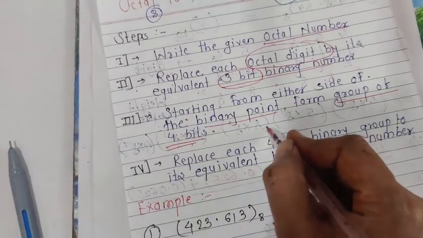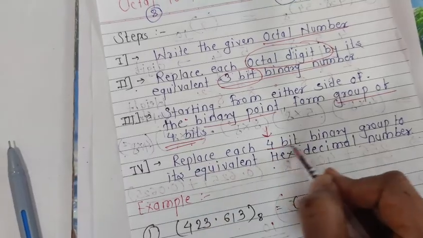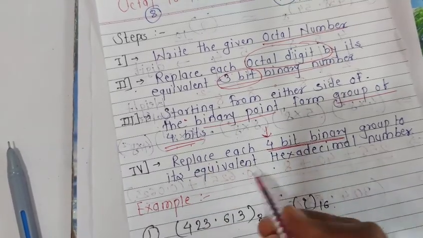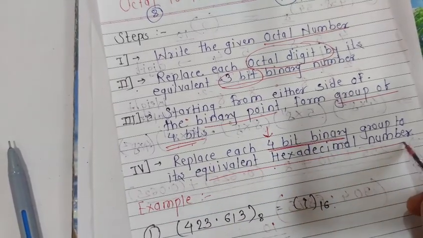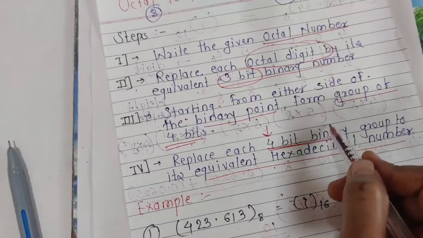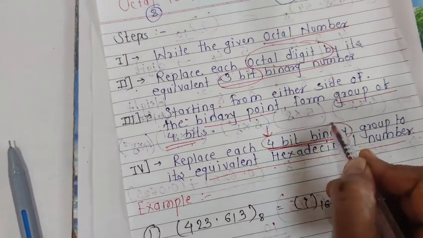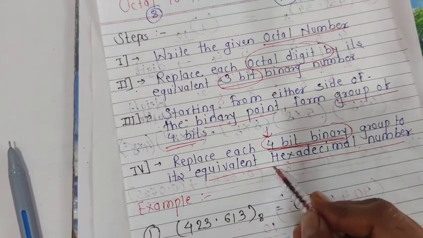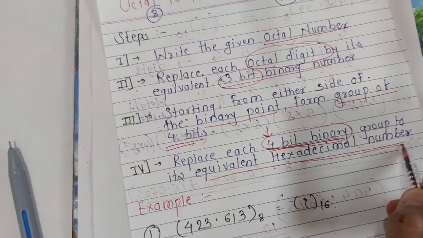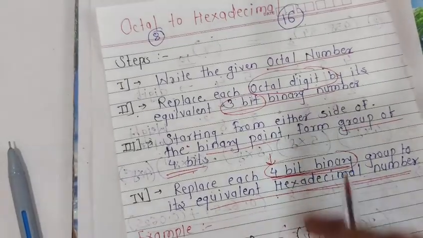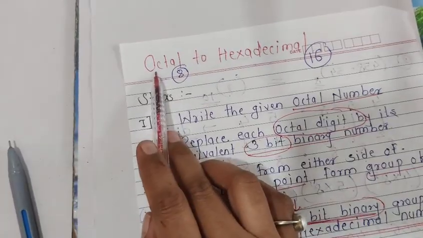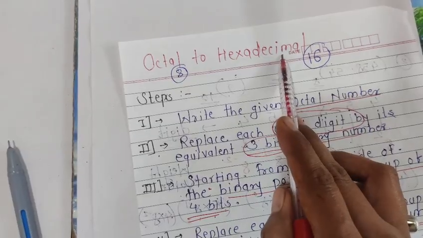So that is our next step: replace each 4-bit binary number with its equivalent hexadecimal digit. Each 4-bit group you convert into the hexadecimal number system. This is the simple procedure we follow for converting octal into hexadecimal.